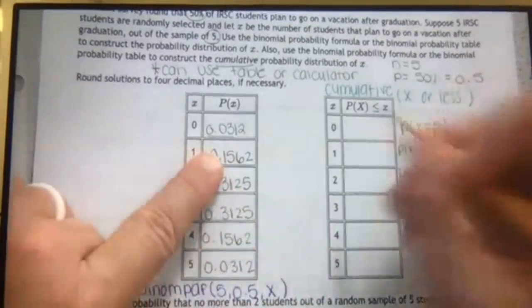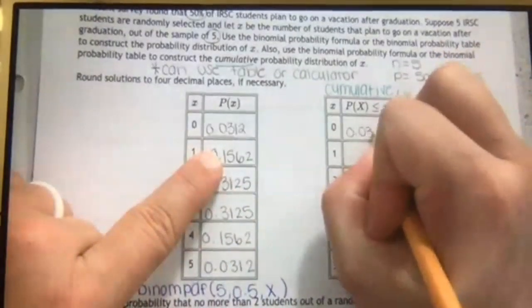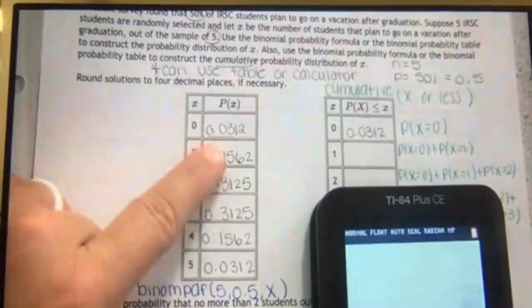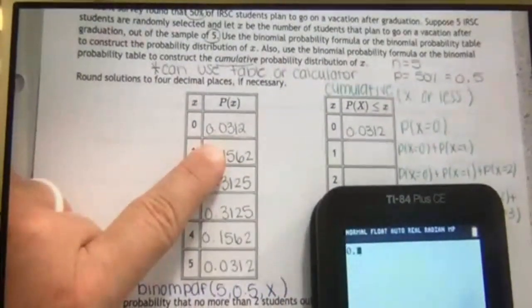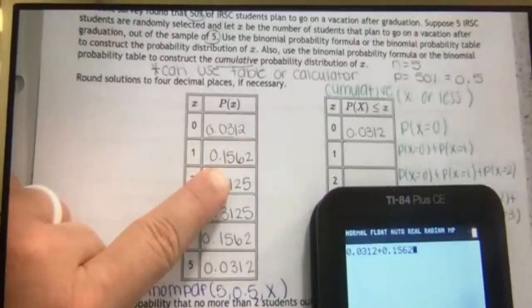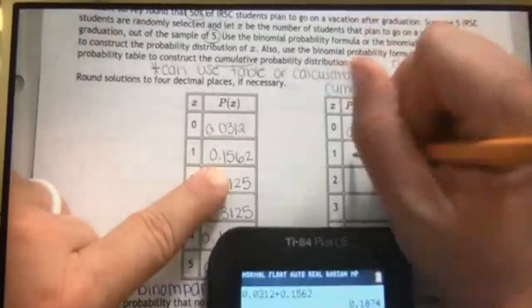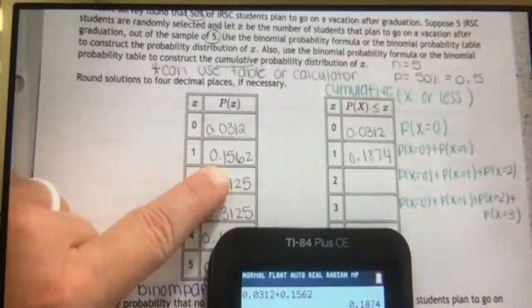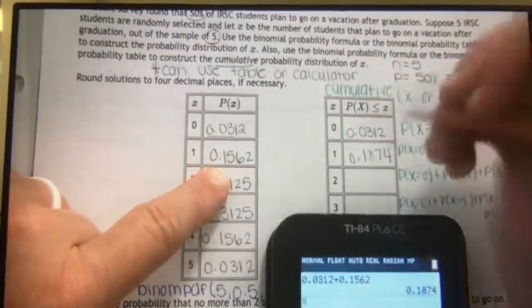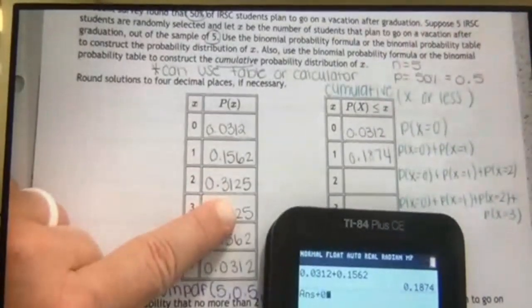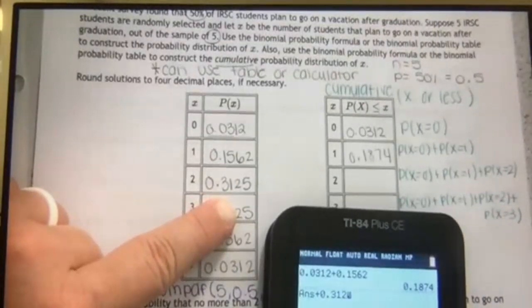So let me just start. When x is 0, we get 0.0312. When x is 1, we have 0.0312 plus 0.1562, which gives us 0.1874. Then we take that 0.1874 plus when x is 2, so plus 0.3125.